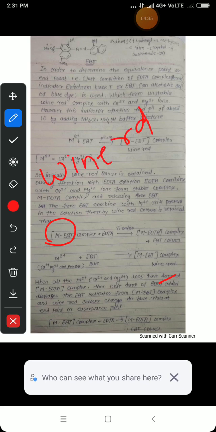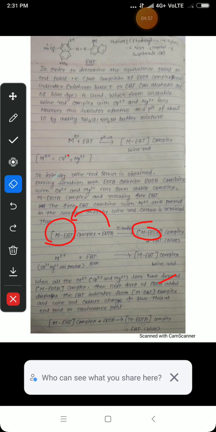Now we add EDTA so that the EDTA replaces the EBT and forms a metal EDTA complex. The metal EDTA complex is more stable. That's why it replaces the Eriochrome Black T.